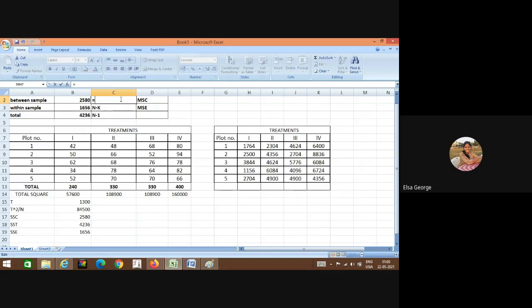So I'll write it as equal to 4 minus 1, it is 3. And then N minus K.